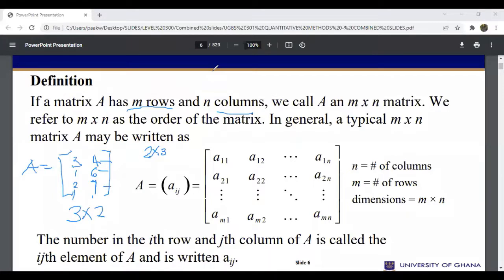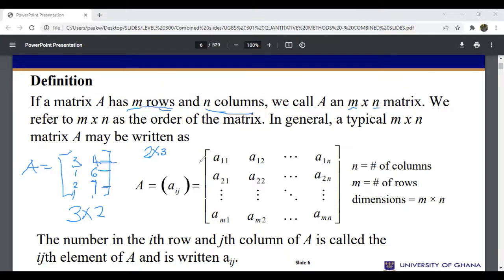Do you understand? You always consider the number of rows first before the columns, because when you read the slide, it's saying if a matrix A has m rows and n columns, we have an m by n matrix. So m stands for rows, n stands for columns.